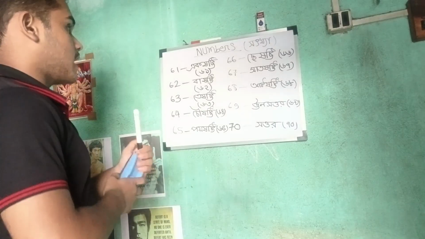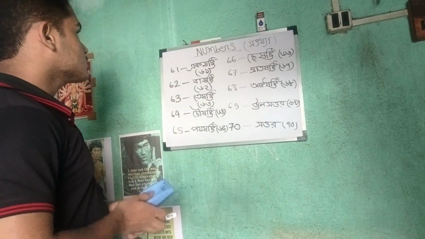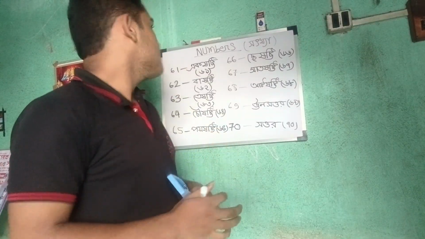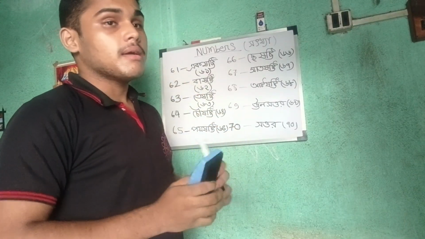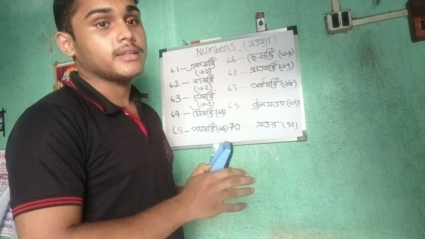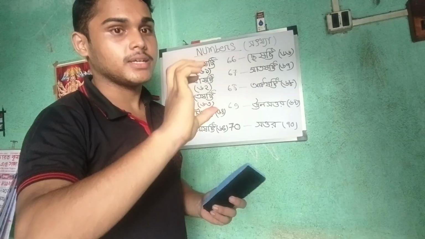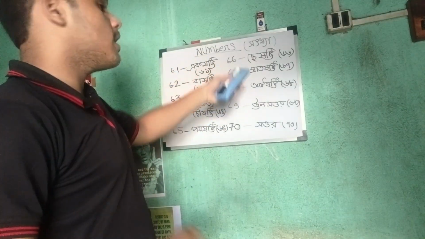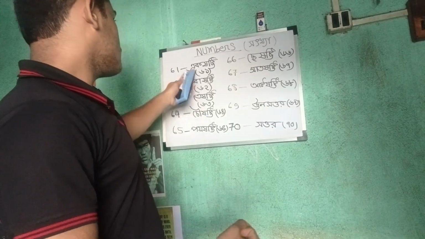So I am recapping all of these. I know that this video was very quick, because we discussed 51 to 60 in great depth. After this you just have to remember these numbers.